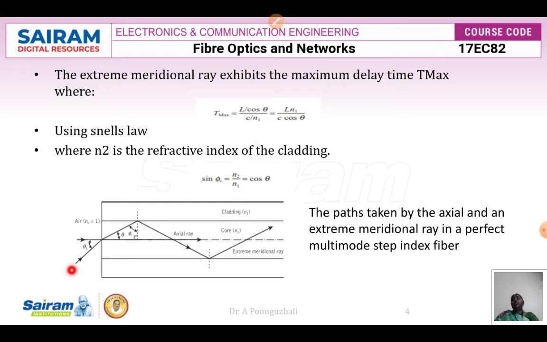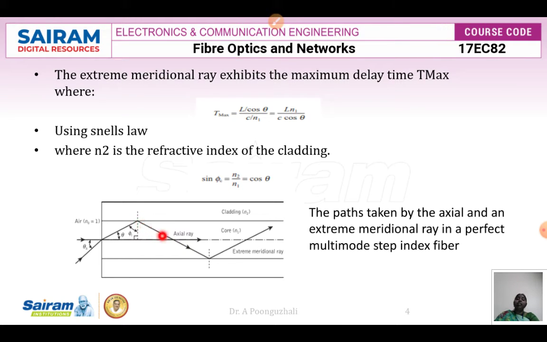Next, we take another ray which is incident into the fiber, and when it strikes the core cladding interface, it strikes at an angle equal to the critical angle. When the angle of incidence is equal to the critical angle, the wave is reflected back into the fiber.